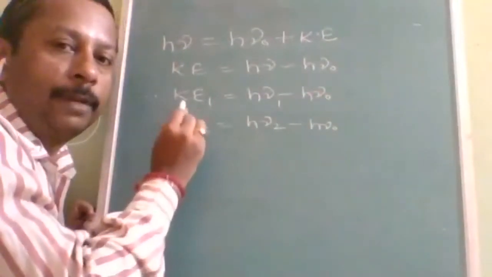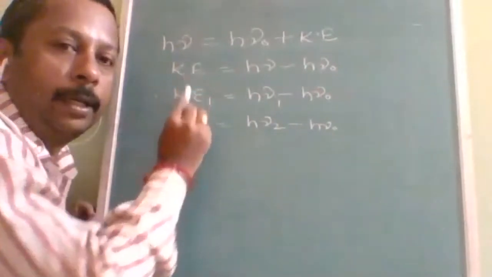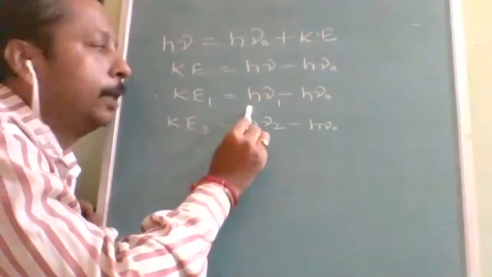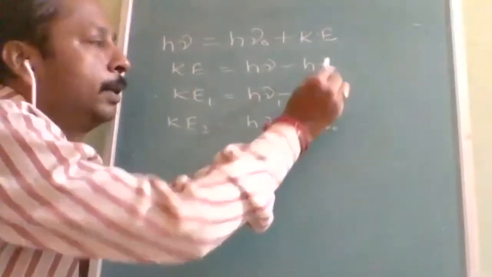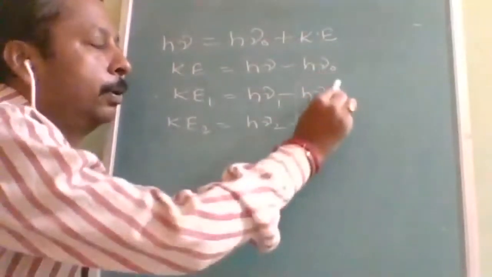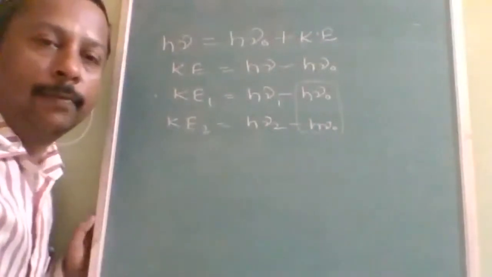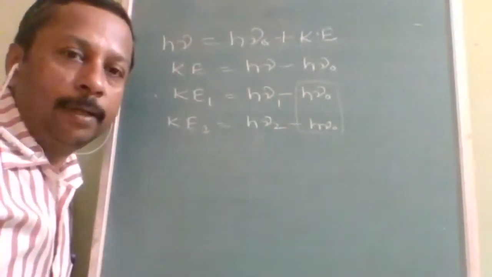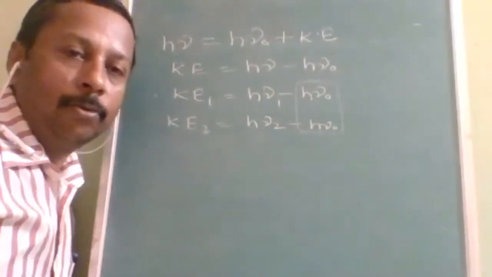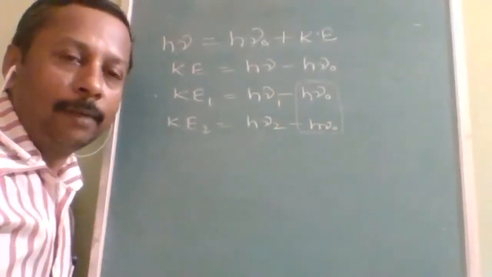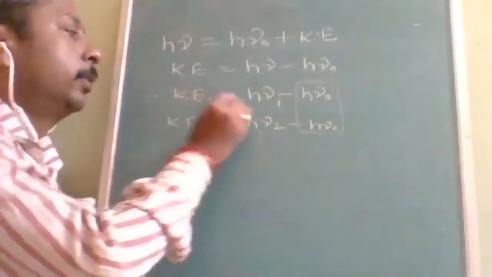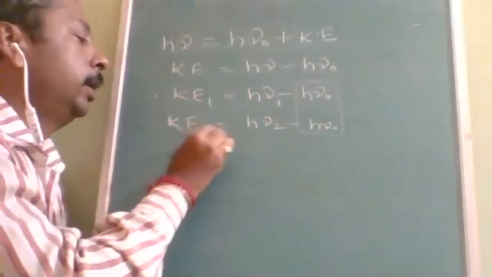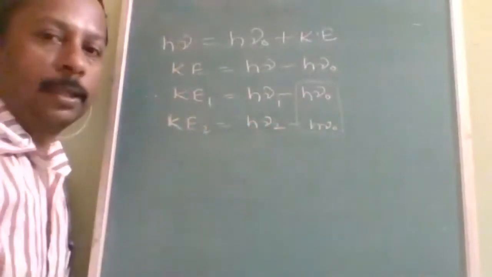Two different frequencies are given, so you have to be very careful: the same metal is irradiated with different frequencies. So kinetic energy will be different, but not nu naught. Nu naught is fixed for a fixed metal. So Ke1 is equal to h nu1 minus h nu naught, and Ke2 is equal to h nu2 minus h nu naught.